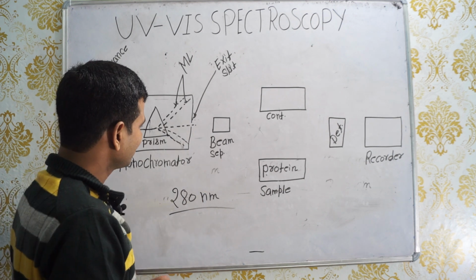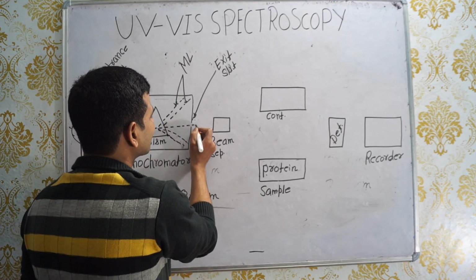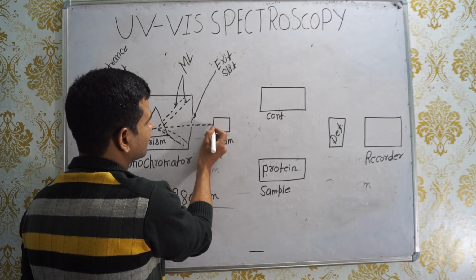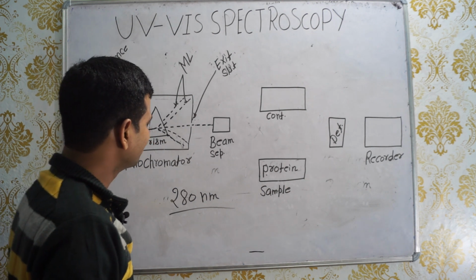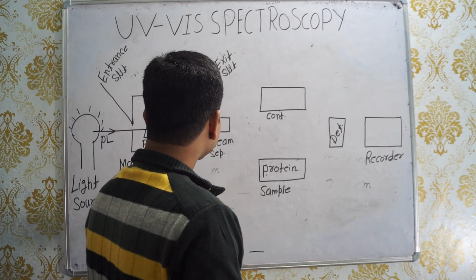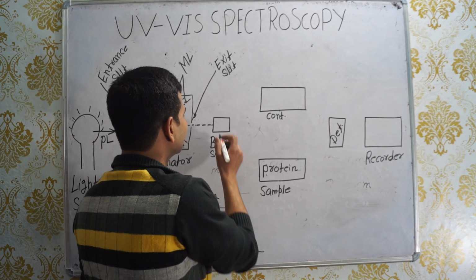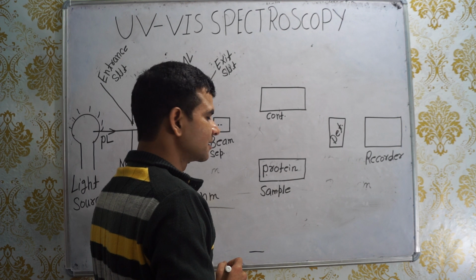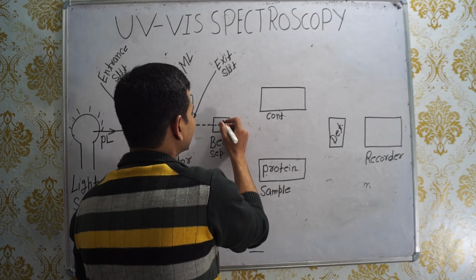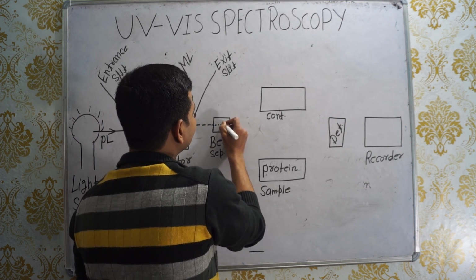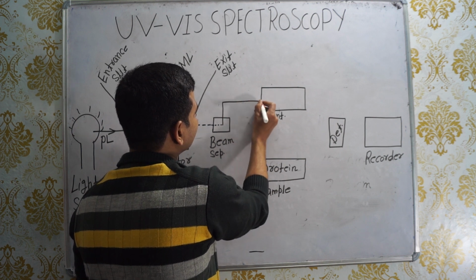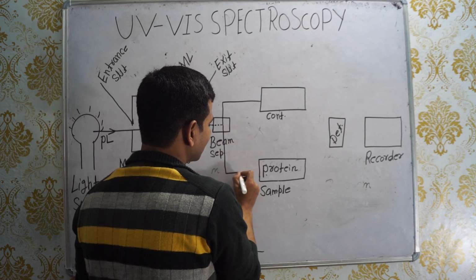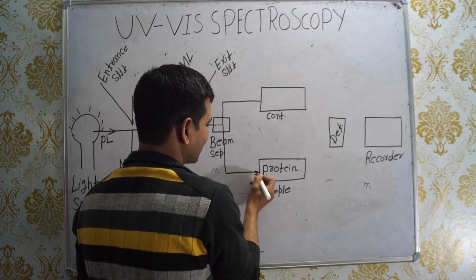Now in the next step, this monochromatic light will go to the beam separator. The beam separator will divide this monochromatic light into two parts.